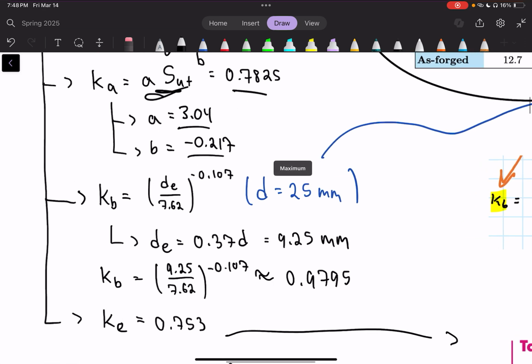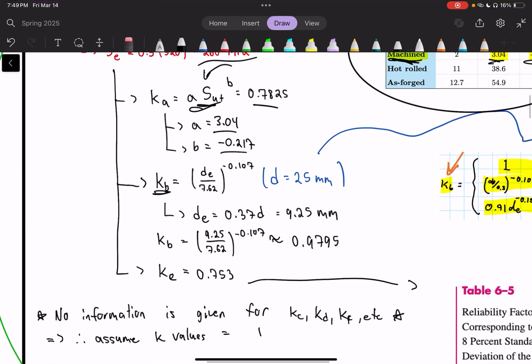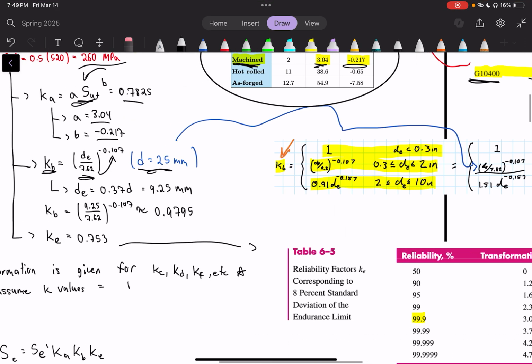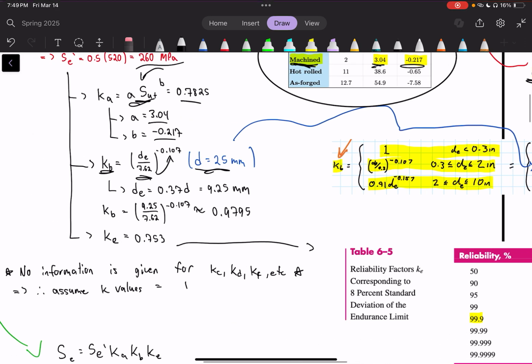Working through to the size Marin factor, we can now see that kb is going to be this de divided by 7.62, and that's how we get that there. With our diameter of 25 millimeters, we know that we're going to be using this one at least, and using that, we plug in our de, which is related to 0.37 of this d. That's how we get our de there, and we get 9.25.